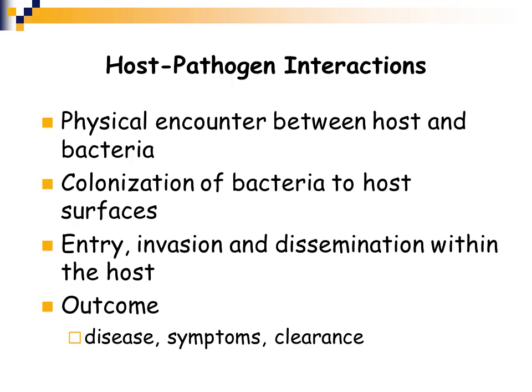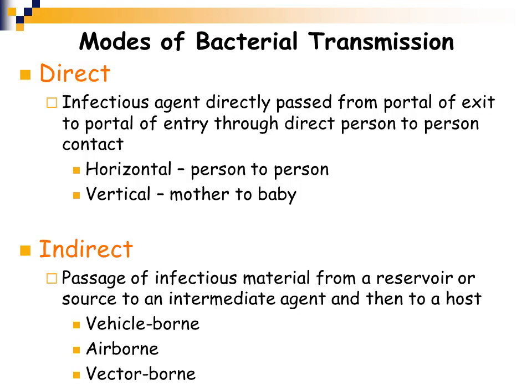There are two types of bacterial transmission. One is direct transmission and the other is indirect. Direct transmission is person-to-person transmission, or vertical transmission, which would be mother to the fetus. While a mother is pregnant, you can have vertical transmission between the mother and the baby.